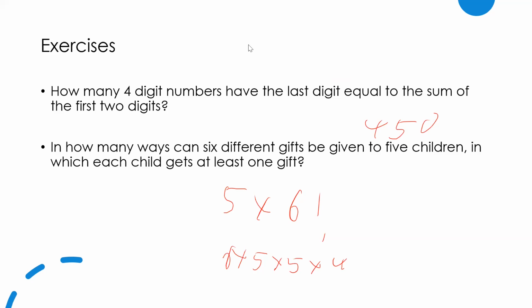So 6 times 5 times 4 times 3 times 2 times 1, which is 720. Then if you multiply these all together, I'm pretty sure you will get 36,000. So there are 36,000 ways to do it.